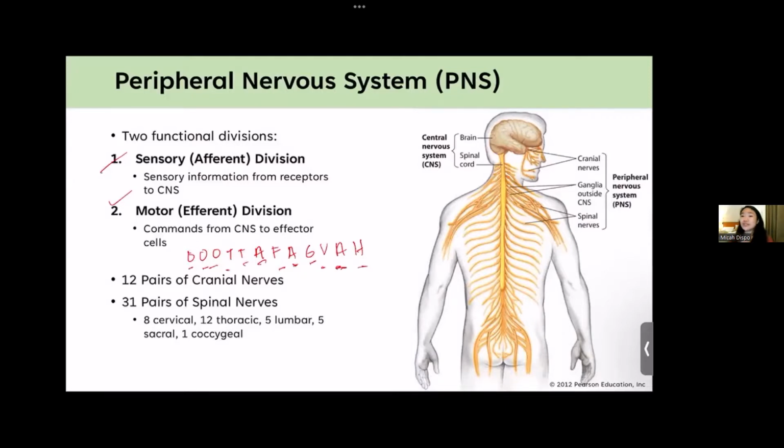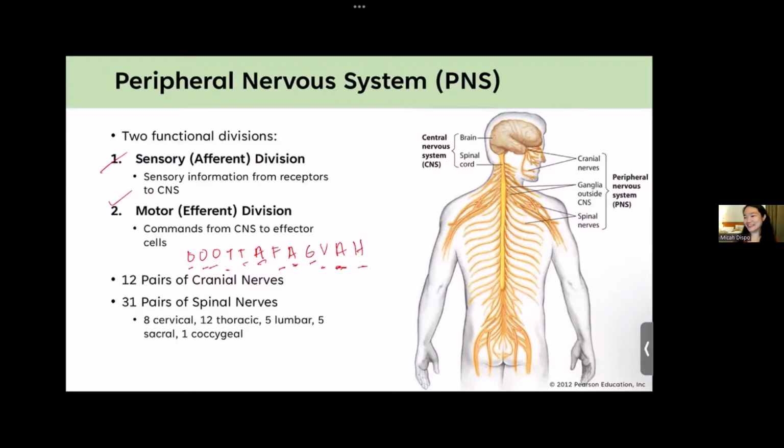Okay, so those are your 12 cranial nerves, and you will be learning more about their function in your higher zoology. And then you have your 31 pairs of spinal nerves. You have your 8 cervical spinal nerves, 12 thoracic, 5 lumbar, 5 sacral, and 1 coccygeal.